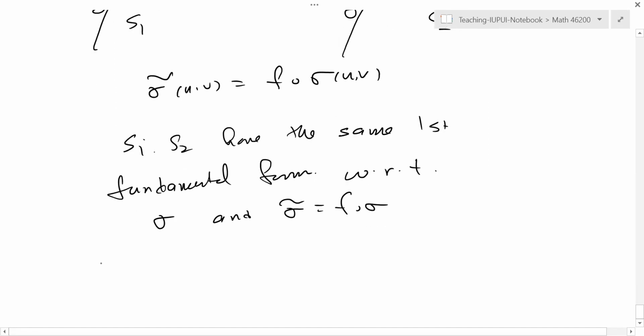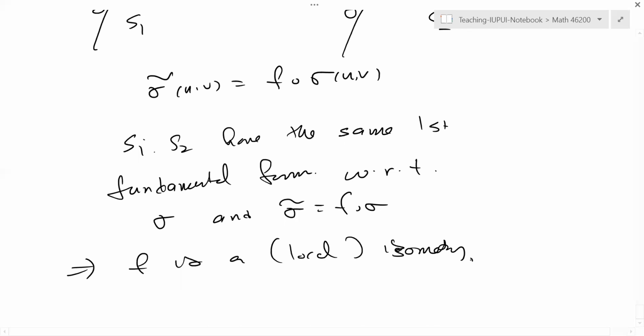So that means f is a local diffeomorphism.